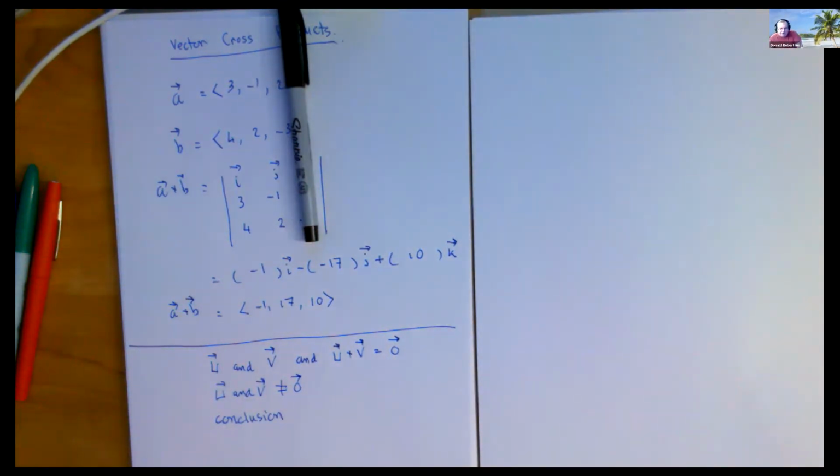What's the conclusion about U and V? What can we state for sure that their connection is? They're not just two random vectors that have nothing to do with each other.